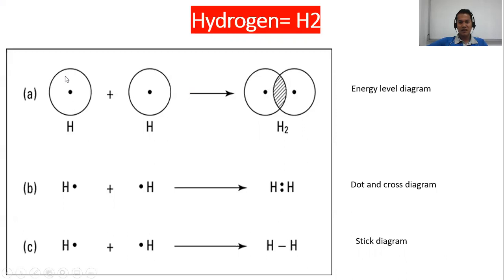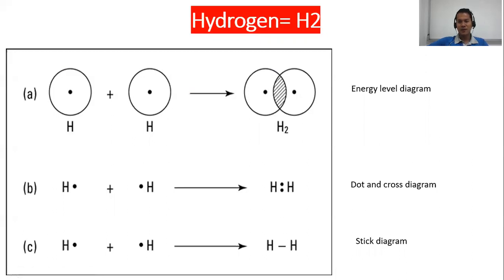And when we say covalent bond, they are going to share one valence electron. To make this hydrogen happy, they have to share one electron. Remember, the first energy level has a maximum of 2.